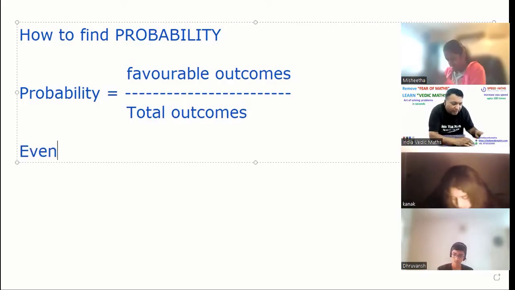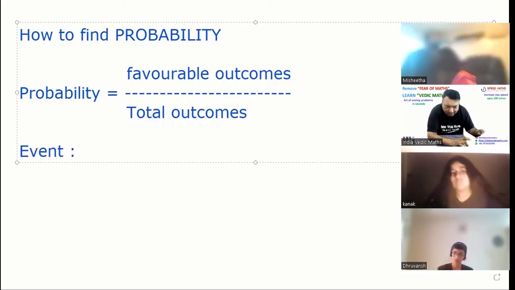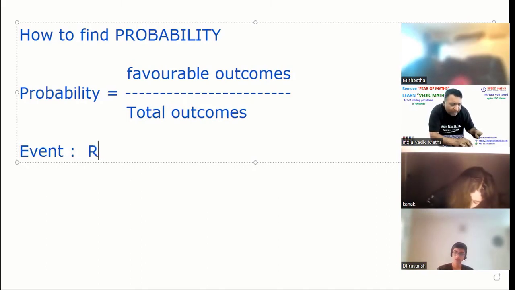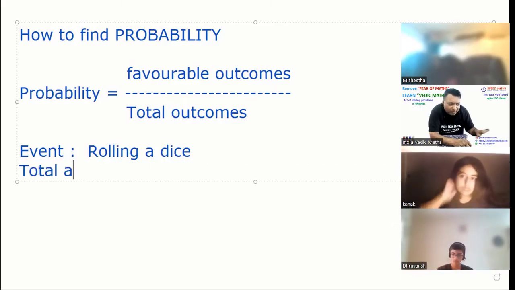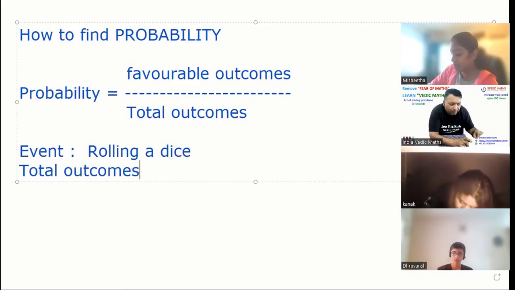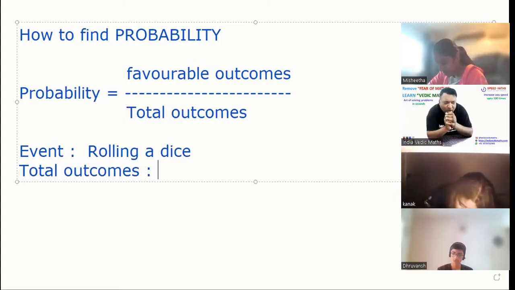Suppose my event is rolling a dice. So how many total outcomes are there? Mishita, if you roll a die, how many total outcomes are there? 6.